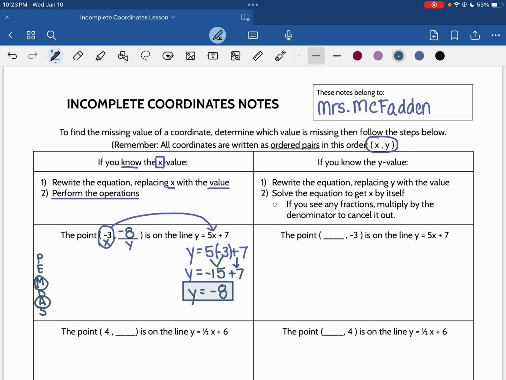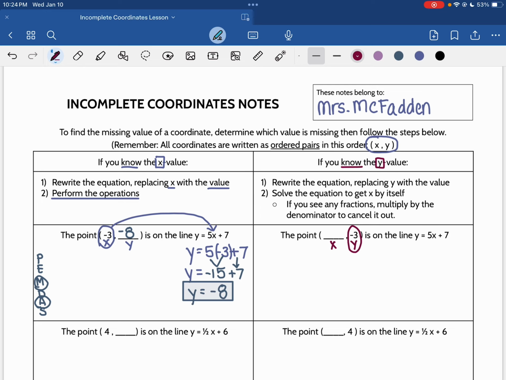And that's how you solve for the y values. If you already know the y value, notice how on this side of the table, the number that we know, which is -3 again, is in the second spot, so it is the y value. And this makes it solve a little bit differently.